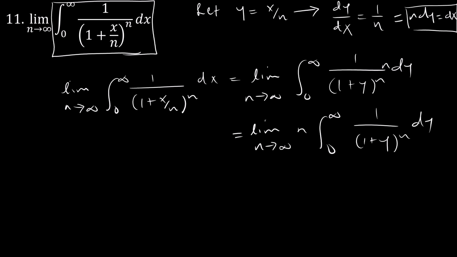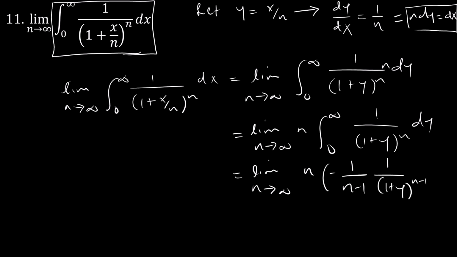And what happens next? We have the limit as n tends to infinity of n times negative 1 over n minus 1 times 1 over (1 plus y) to the n minus 1, like that. And we can see as y tends to infinity, this part tends to 0.